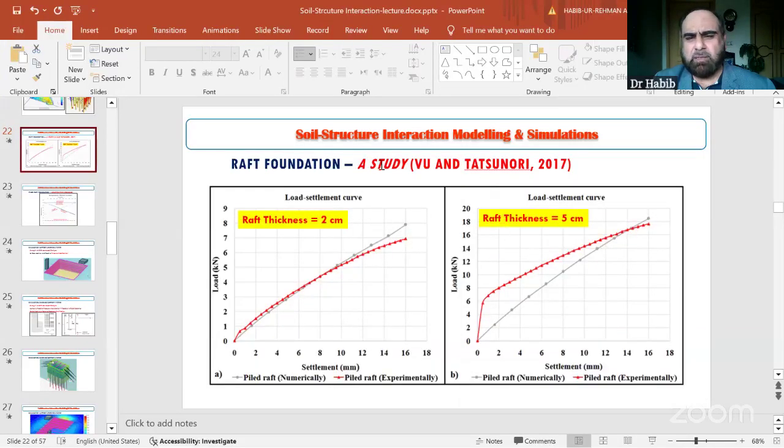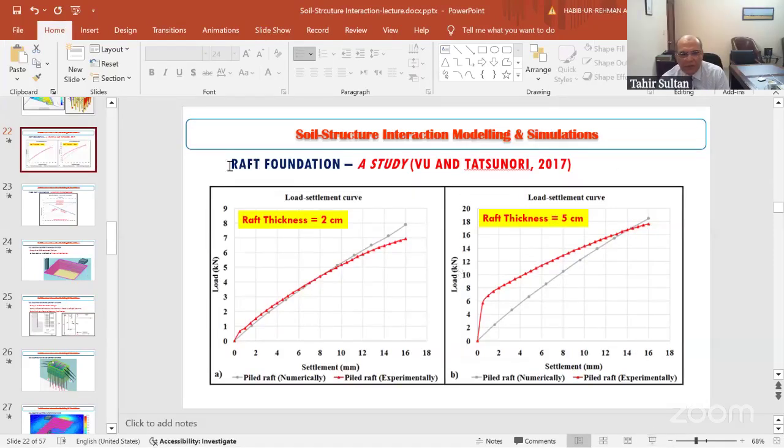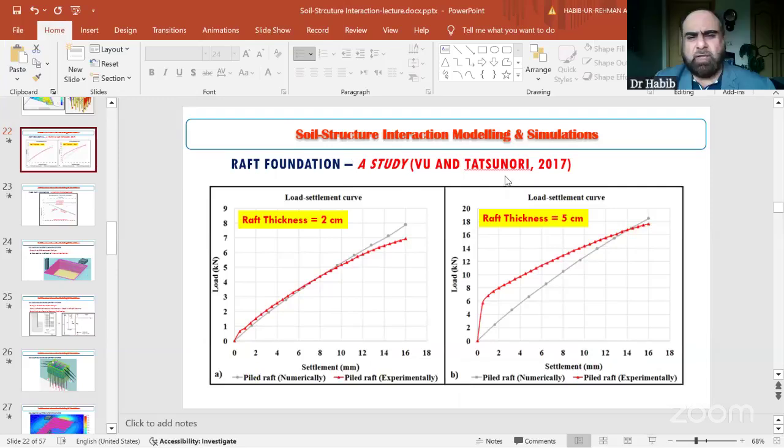Is this slide visible? Yes, right now visible. Okay. Yeah, so this study is one of the studies by these two gentlemen, and anyone can go through their studies. They have done a lot of comparisons between experimental behavior of pile rafts with instrumentation.